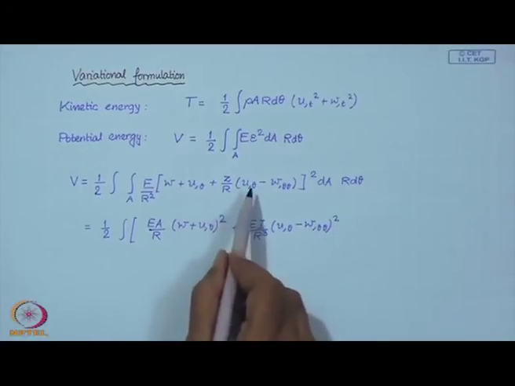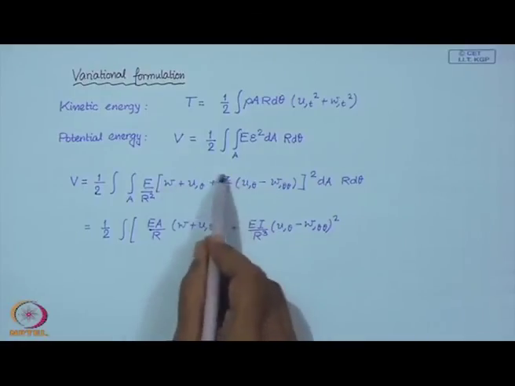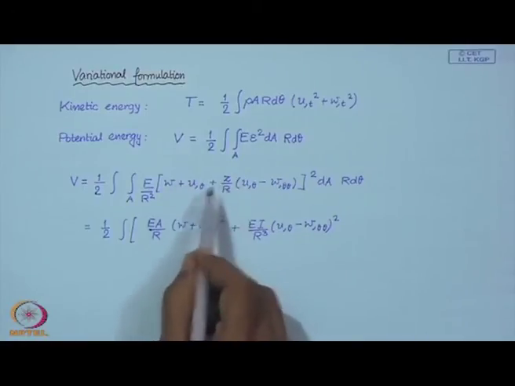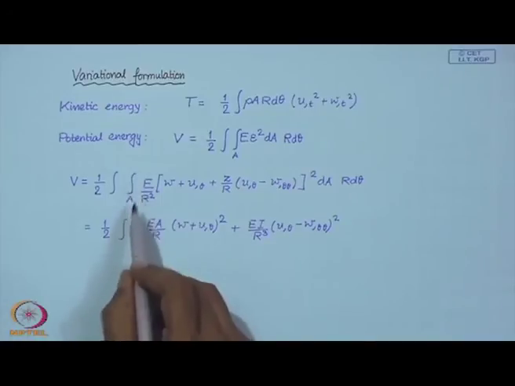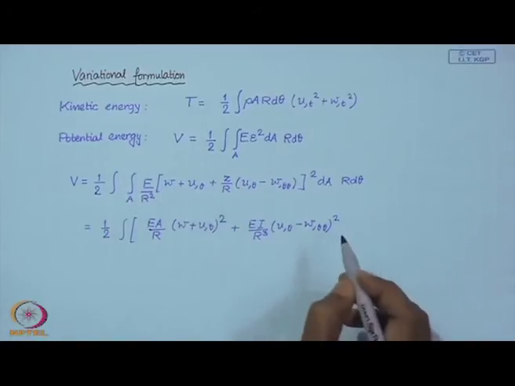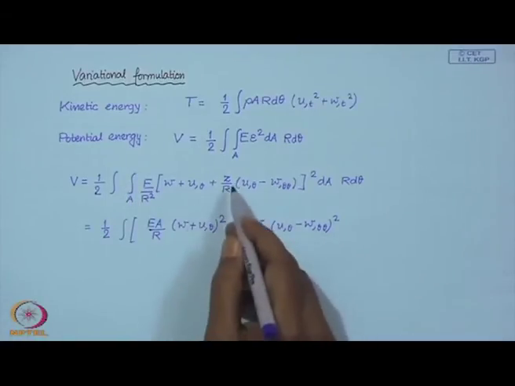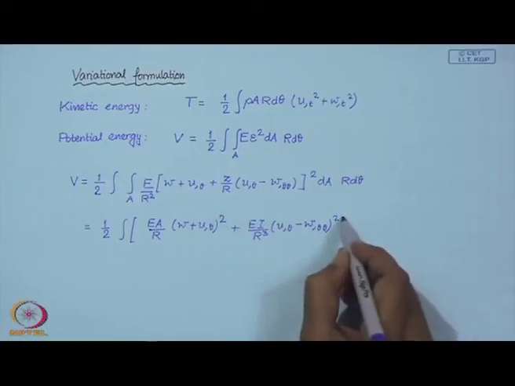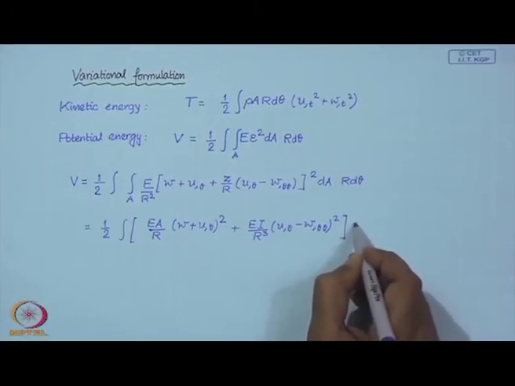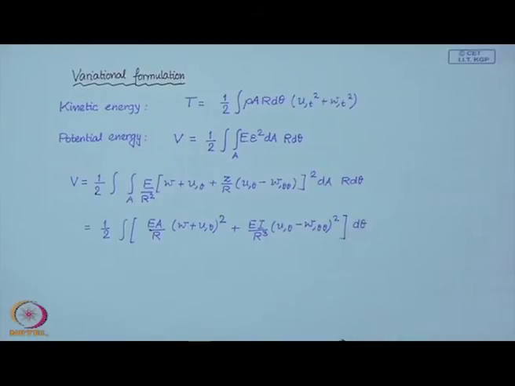Then there is this third term, 2 times this into this, and that is linear in z, and when you integrate over the area, since z is measured already from the neutral axis or neutral plane, that term vanishes. So, these are the terms in the potential energy expression.